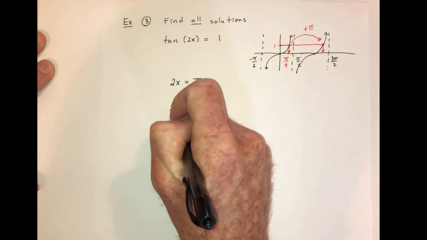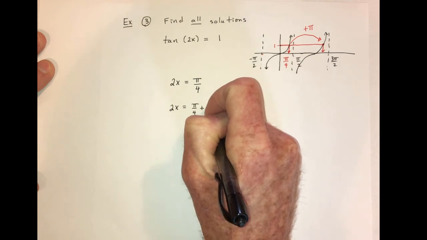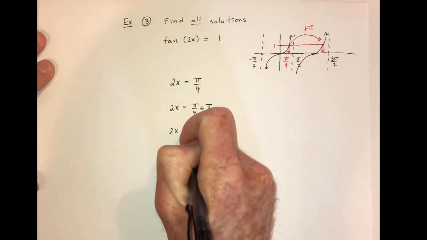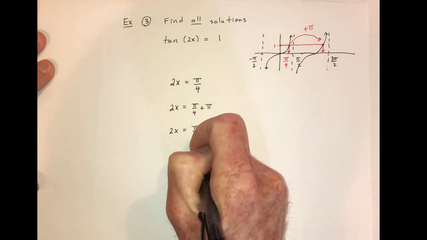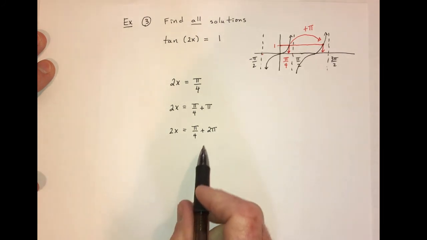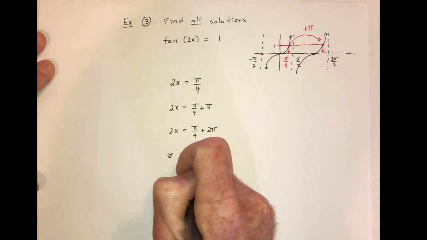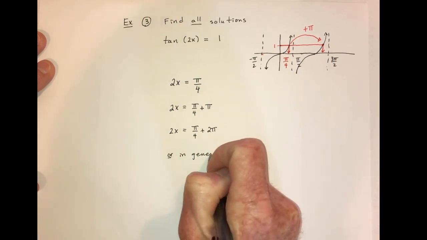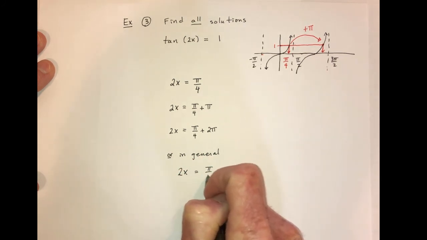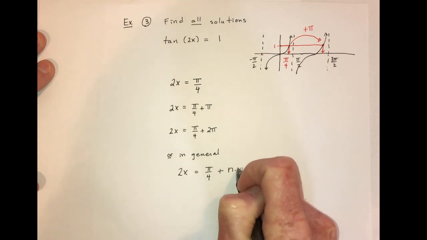So the next solution would be pi over 4, and then add pi. And then the next solution would be pi over 4, and add 2 pi's. And then add 3 pi's, 4 pi's, etc. Or, in general, 2x equals pi over 4 plus some number times pi.